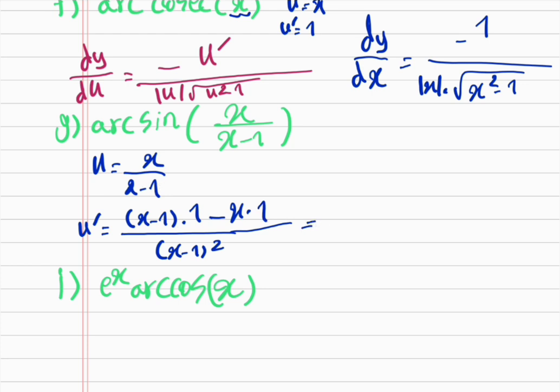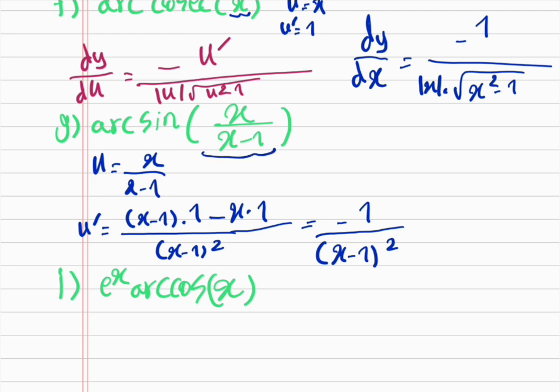So if you simplify this, you basically have x minus 1, just expanding this, and the result is minus 1 because the x and x minus 1 cancel out. Then the denominator is x minus 1 squared. So that's the final answer for the differentiation of the inside function.